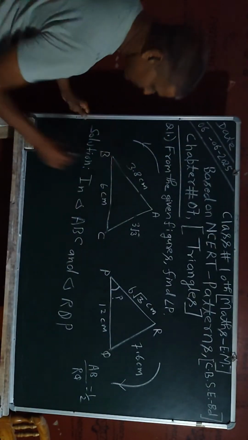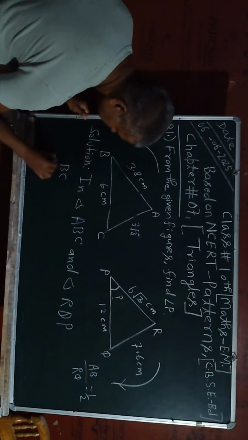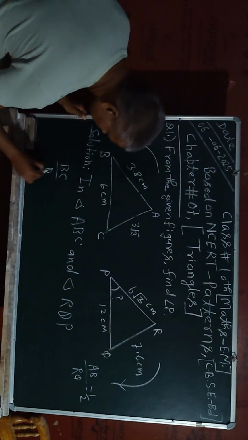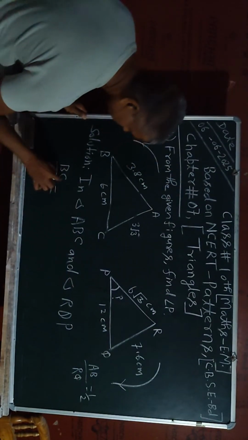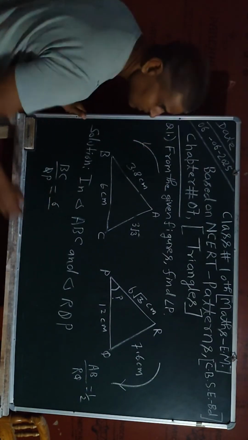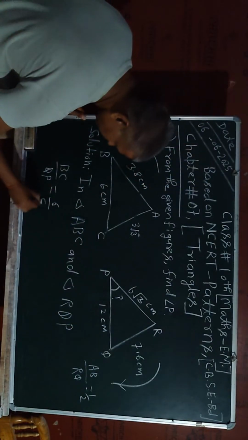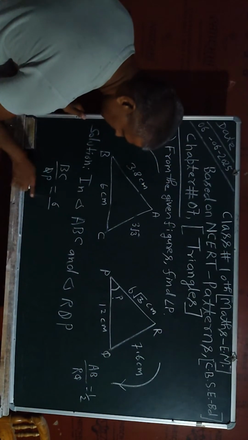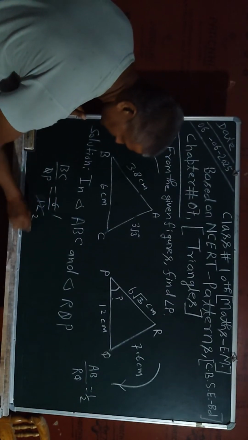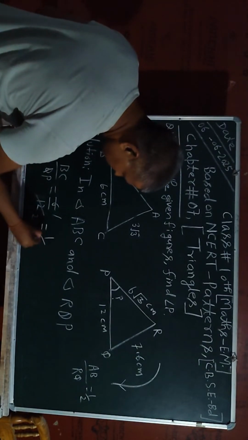So here I will write BC and this will be QP. Now the value of BC is 6 and the value of QP is 12. It is also written here as 12. So 6 1s are 6, 6 2s are 12. So I will write here 1 by 2.